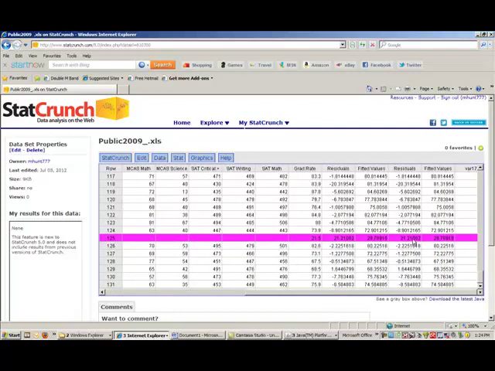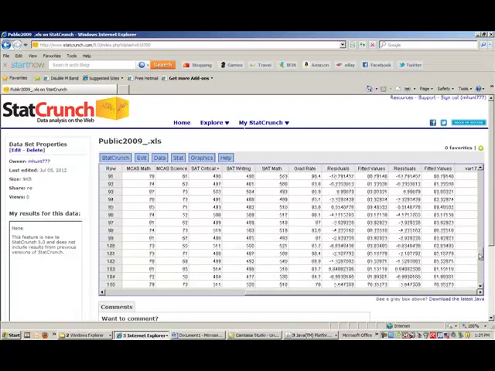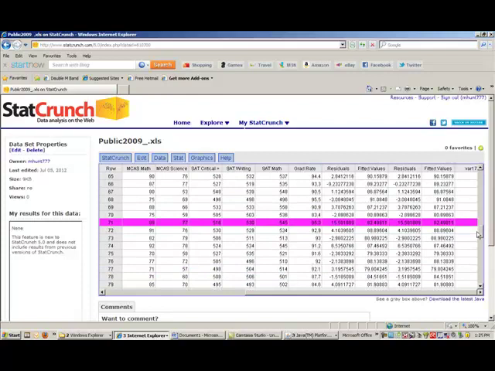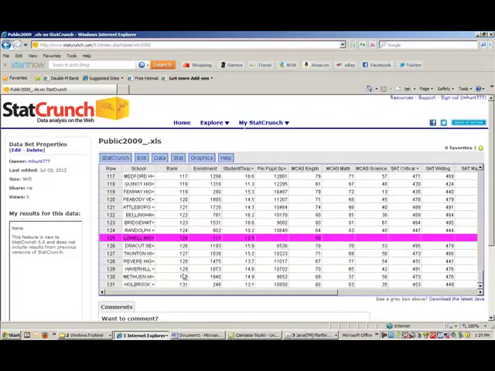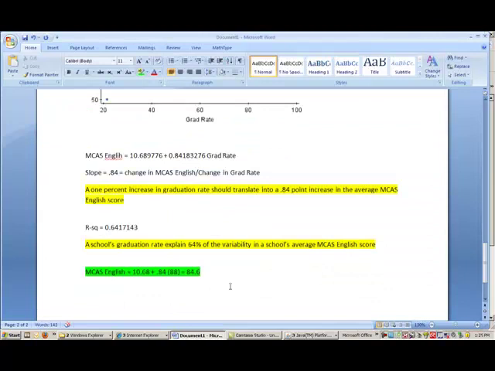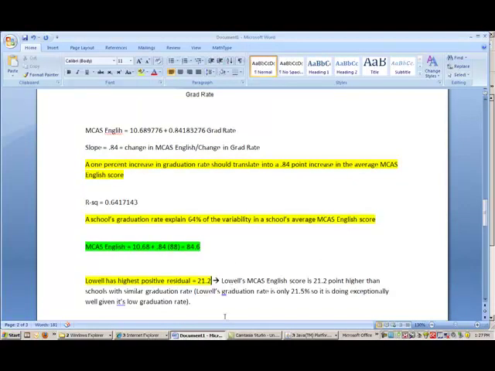So the residual for Lowell is 21, and the residual for Millis is 15. So it would appear that Lowell has the highest positive residual. So we want to make note of this. Lowell has the highest positive residual, namely 21.2.